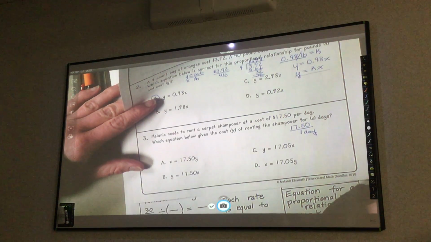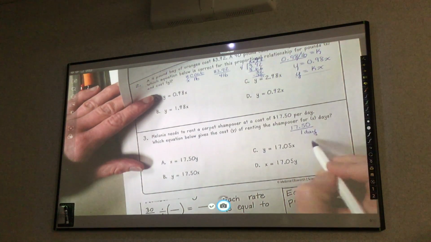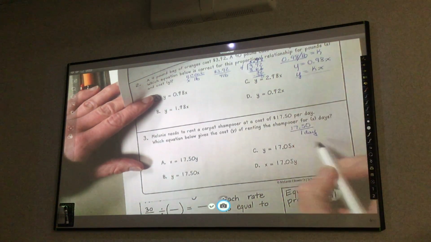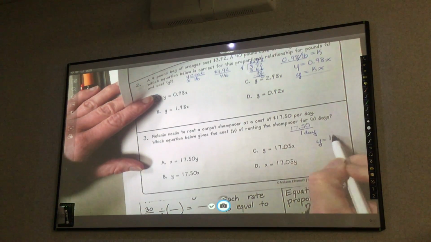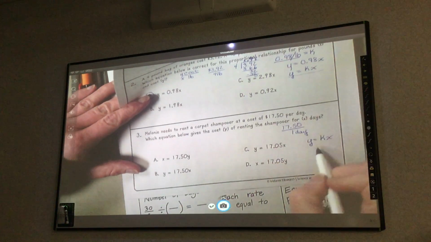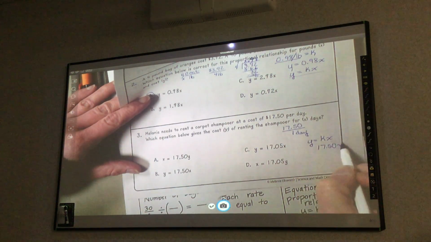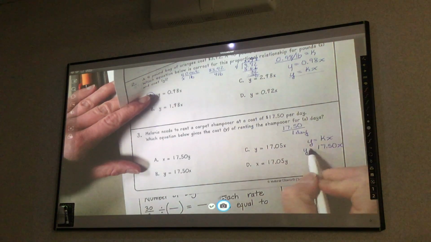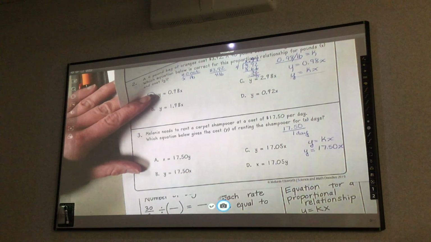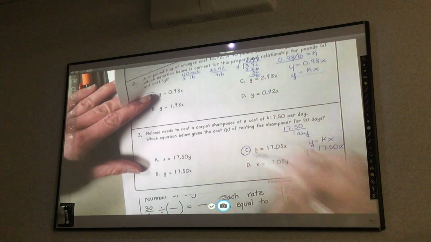What is that going to be? Your unit rate is your constant, so this is already our k. So then we just go back to our formula. y equals k times x. It says k was $17.50, and we don't know how many days, so we put an x in for the days. y equals that. So C is my answer.